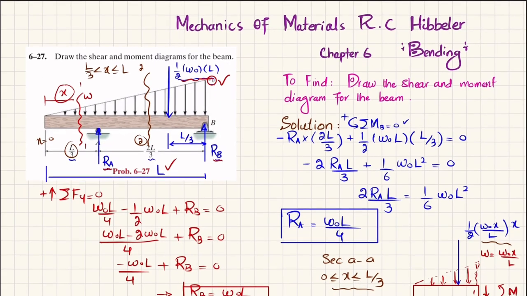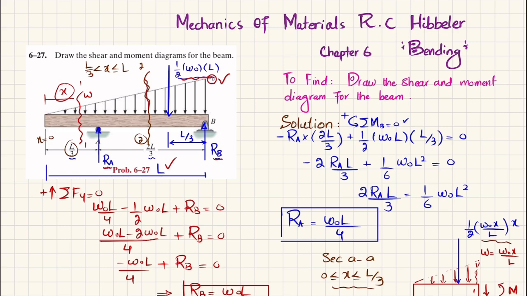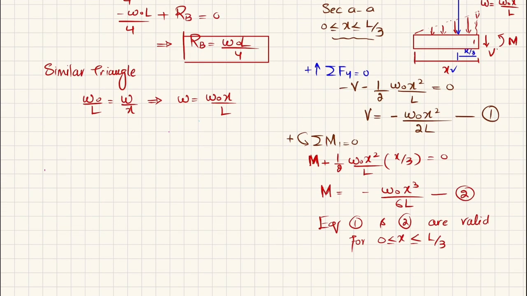Now we will cut this beam at section 2 for the region x greater than L by 3 and less than or equal to L, and we will draw the free body diagram. So let me draw the free body diagram over here. Let this be the beam. The total length is given as x where we have cut it. Here this is x, and there is a uniformly increasing load or triangular load.